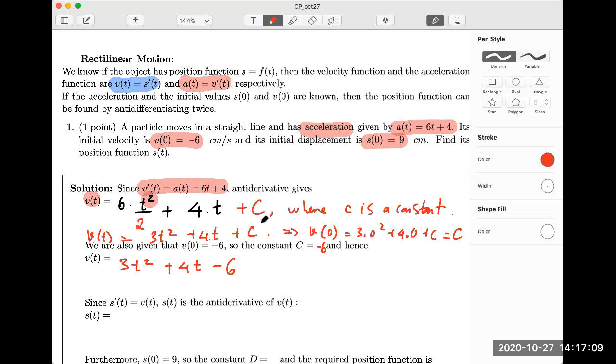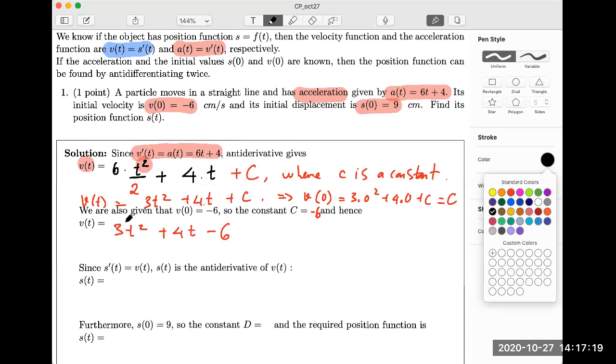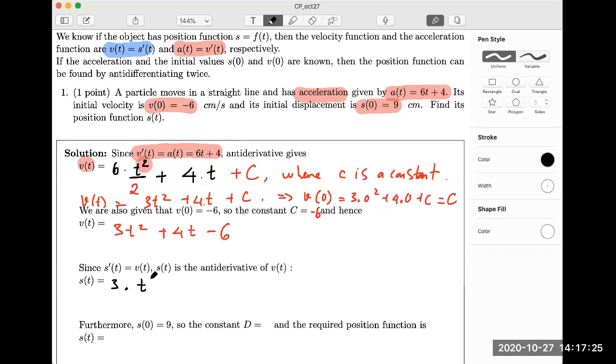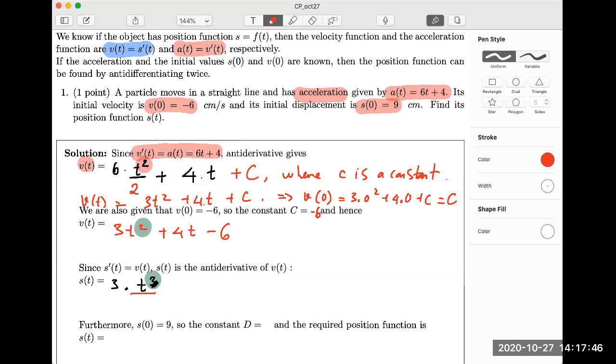We do the antiderivative of this one more time. So, the antiderivative of v gives us s of t. So, it will be the antiderivative of this guy, which is 3 times t to the what? Yes, to the 3. It is 1 degree higher than this, okay? But then remember to divide it by this power, right? 3.